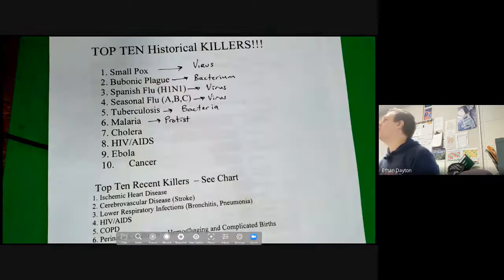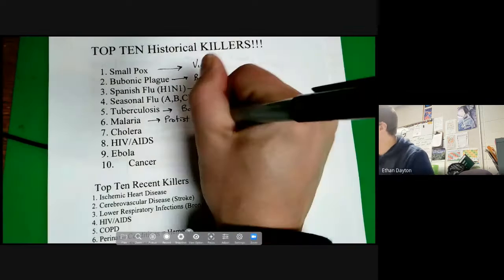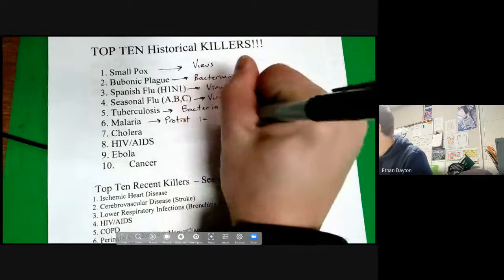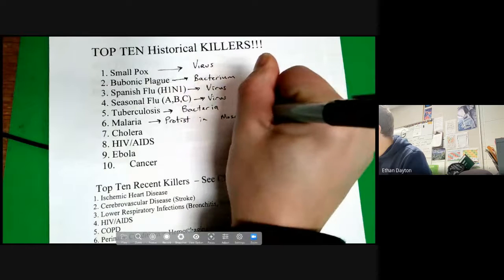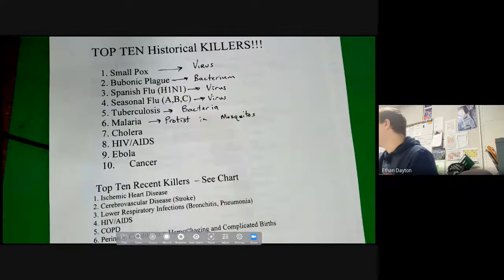How is malaria spread to humans though? Anyone ever heard of malaria and mosquitoes? Yes, a protist in mosquitoes. We don't get it around here. We get things like West Nile virus or the Zika virus.